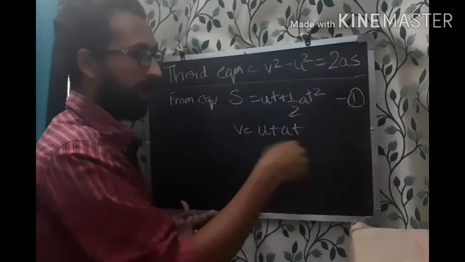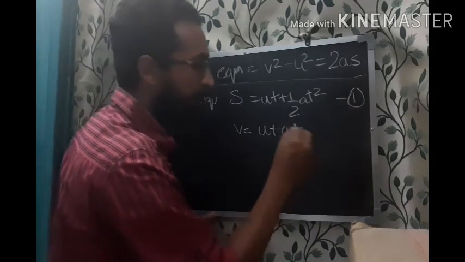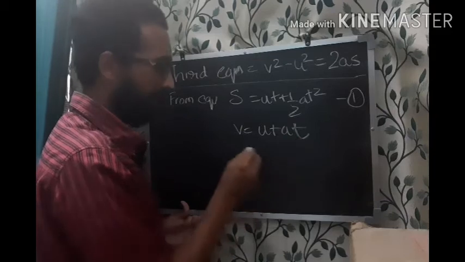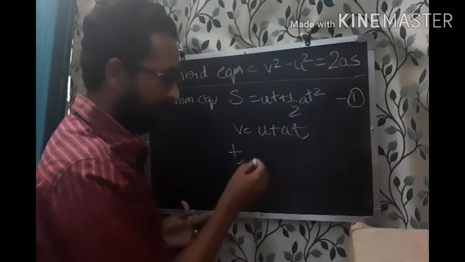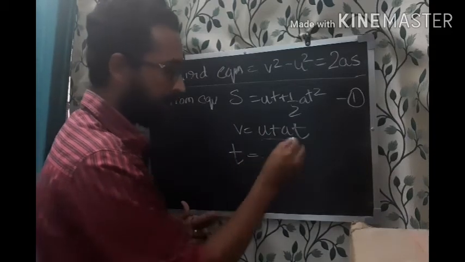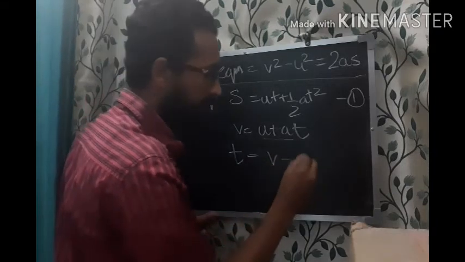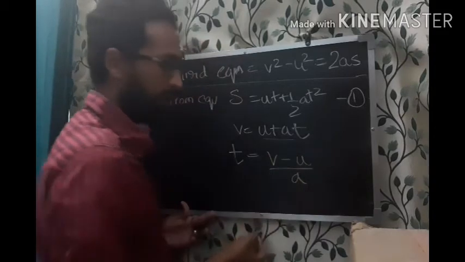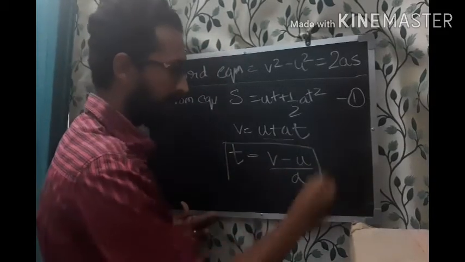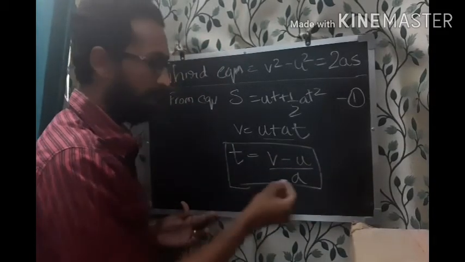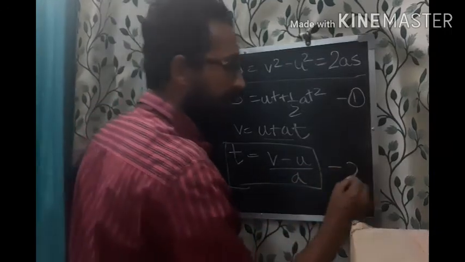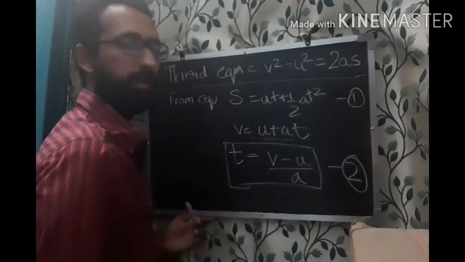Since we have to eliminate time, I will keep t here and take all the other things on the other side. So t is v minus u upon a. This will be the resulting formula for the time, and I will keep this as the second equation.